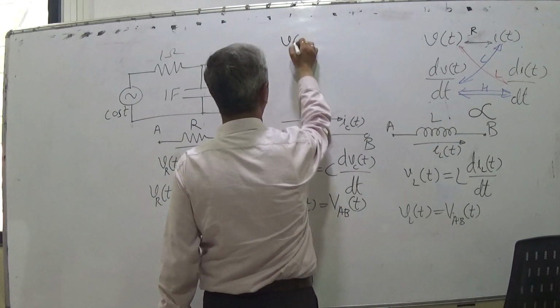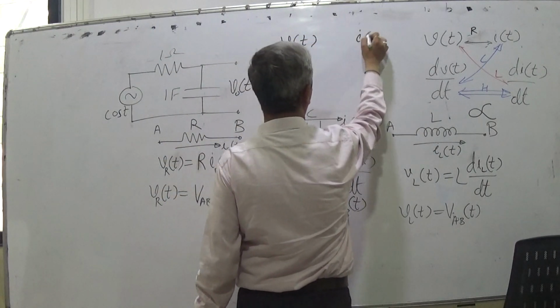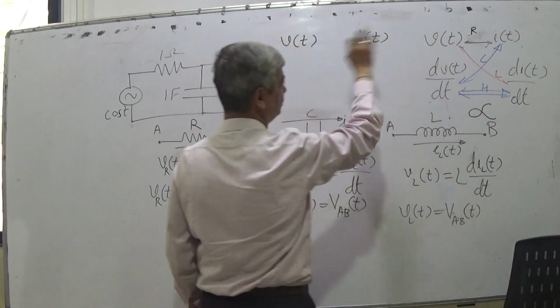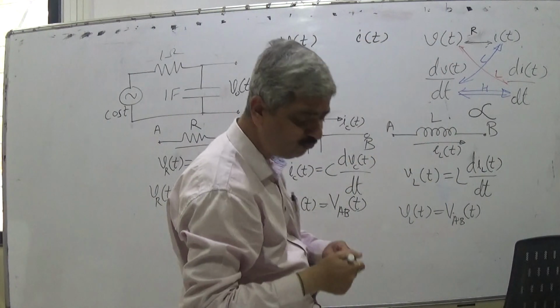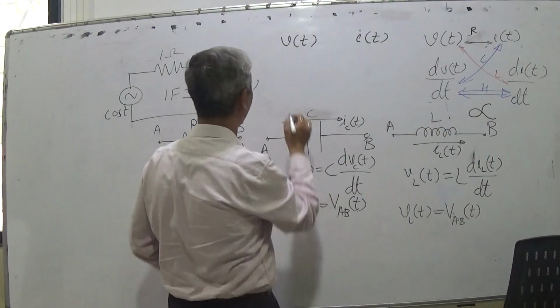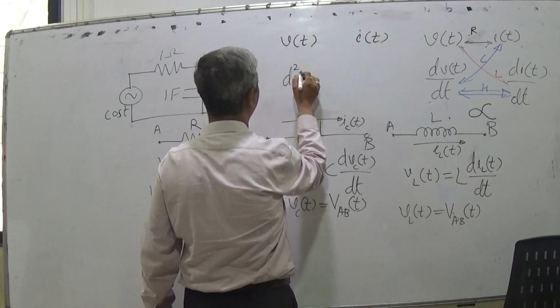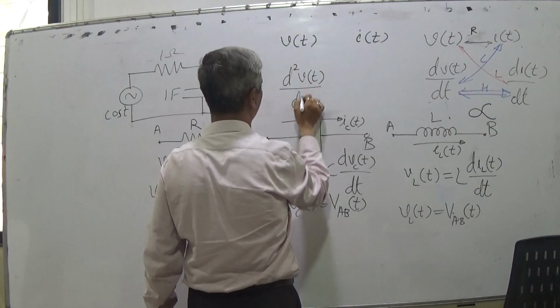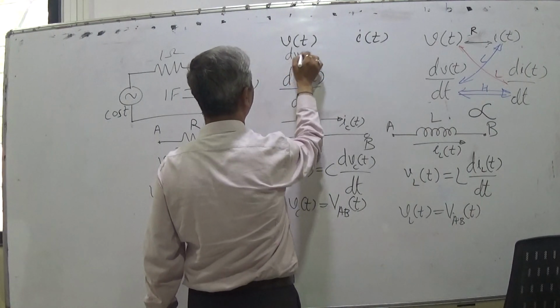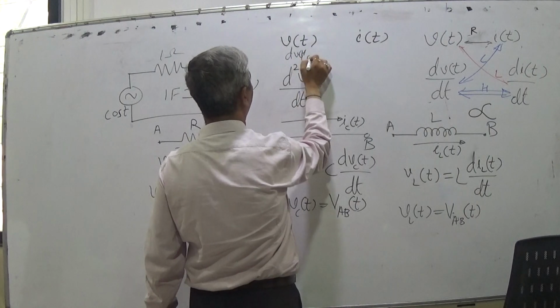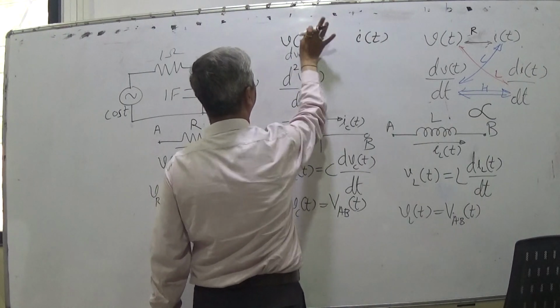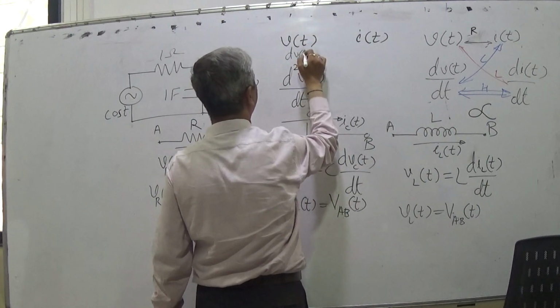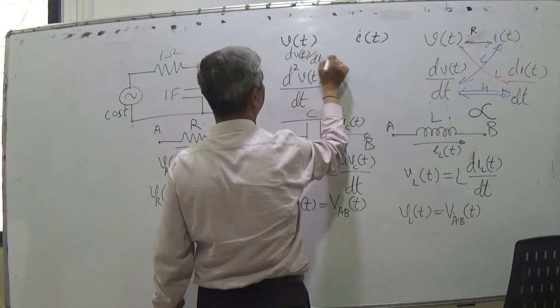So, voltage and current are there, direct proportionality, differential proportionality. Then why do you end? You may have a double derivative d2Vt upon dt square, dVt upon dt.